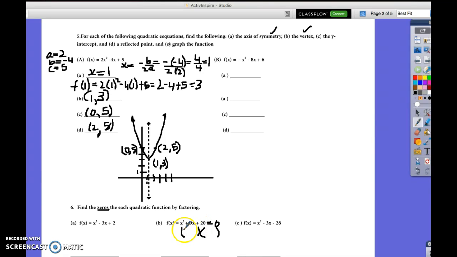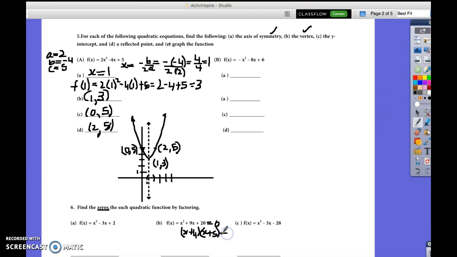What are those numbers? 4 and 5, right? So it's x plus 4 and the other binomial will be x plus 5. So that's how you get the factors.